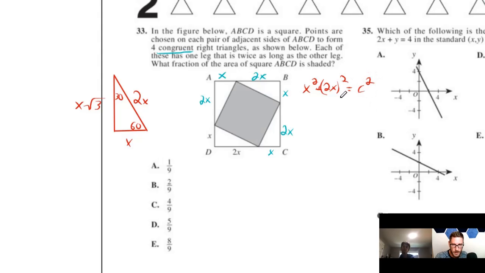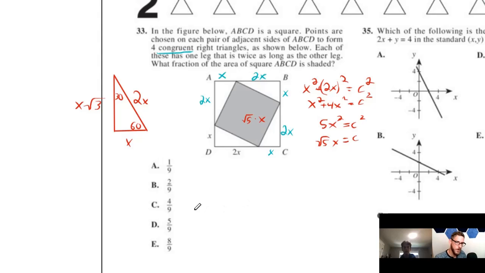So that's x squared plus 4x squared is c squared. So that's 5x squared is c squared. Take the square root of both sides, and you get the square root of 5 times x equals c. So that missing length is the square root of 5 times x.